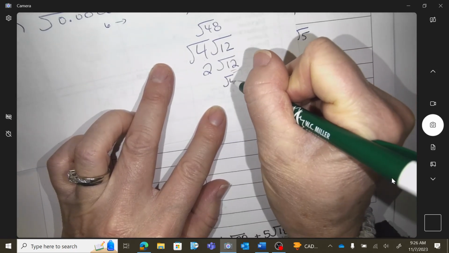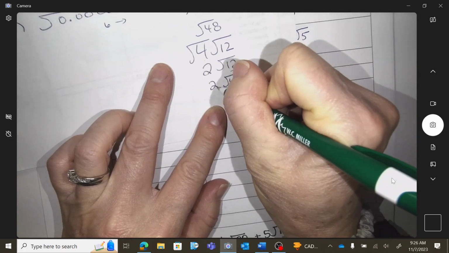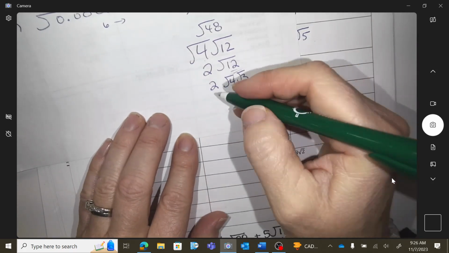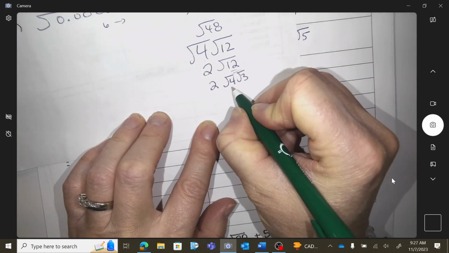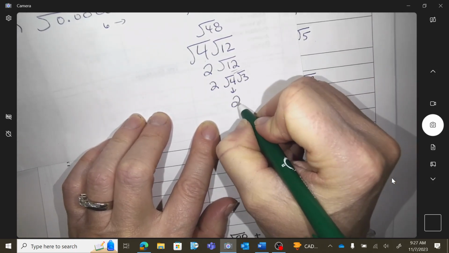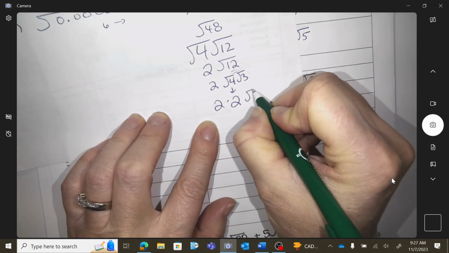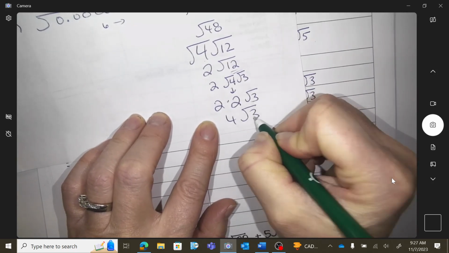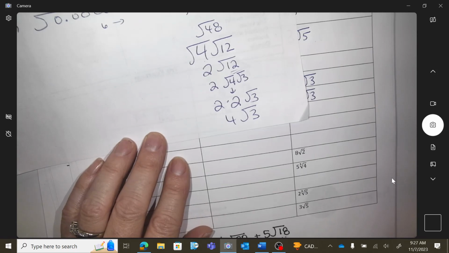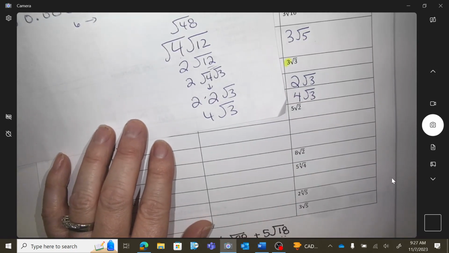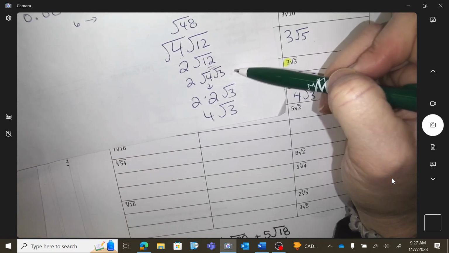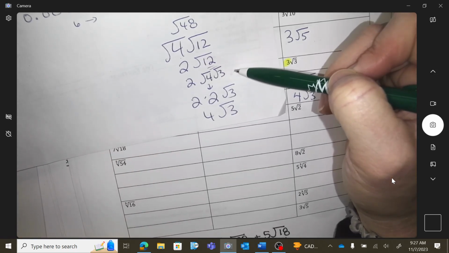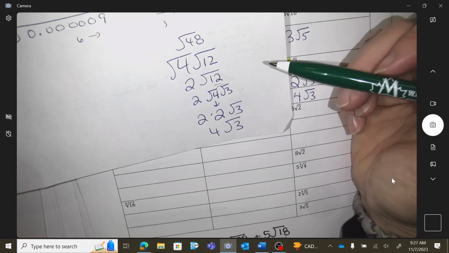I can take a root 4, root 3 out of that. And then the root of 4 is 2. So look at how I got to the same answer. I got there, but look at what I had to do. I had to do 2 breakdowns instead of just 1. So you're always trying to pick the largest thing.